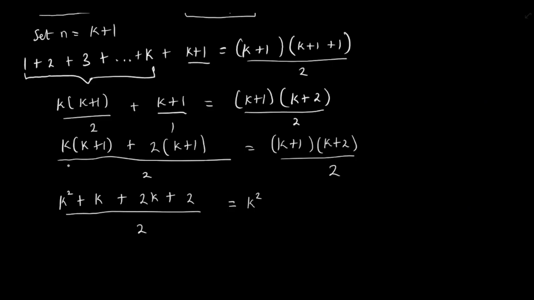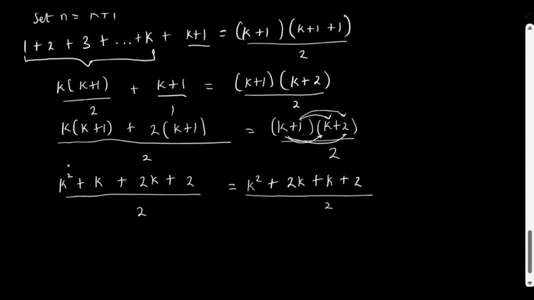We have k squared, because this is going to multiply this, the same k you multiply by 2, then we have 1 multiplied by k, and this same 1 multiplied by 2. So k times k, we have k squared. k times 2, we have 2k. 1 times k, we have k. Then 1 times 2, we have 2, plus 2 over 2.